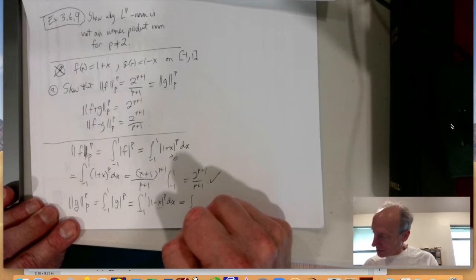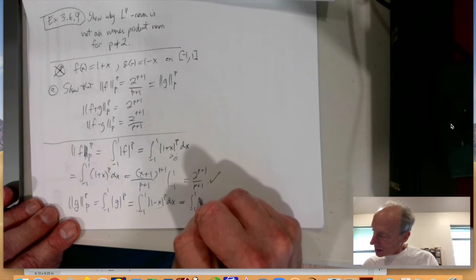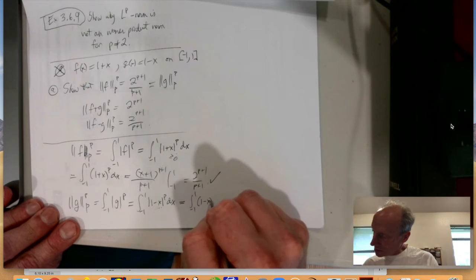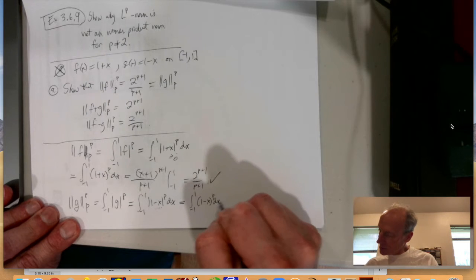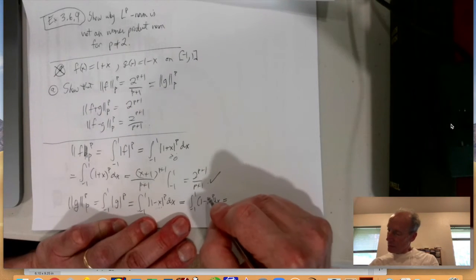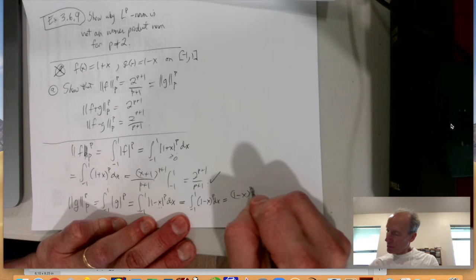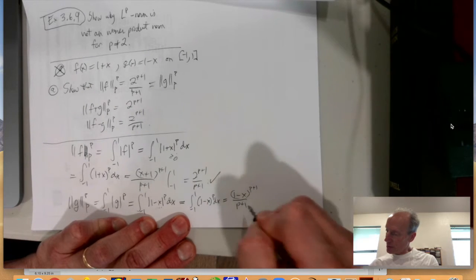So this is the integral from negative 1 to 1 of 1 minus x to the p dx. And let's see if this works. The antiderivative is negative 1 minus x to the p plus 1 divided by p plus 1.